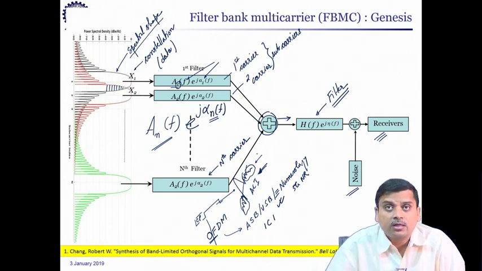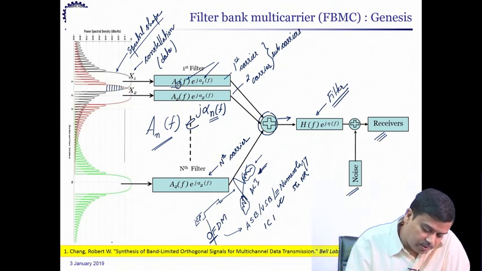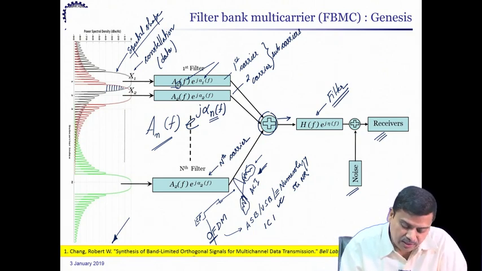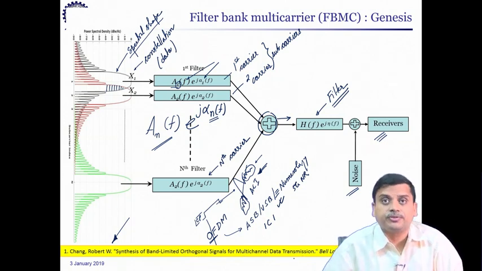So, although these are contending techniques for the 5th generation, we have identified the literature which is the starting point of these things. This is the 1966 paper by Robert Chang, and the title is Synthesis of Band Limited Orthogonal Signals for Multi-Channel Data Transmission.